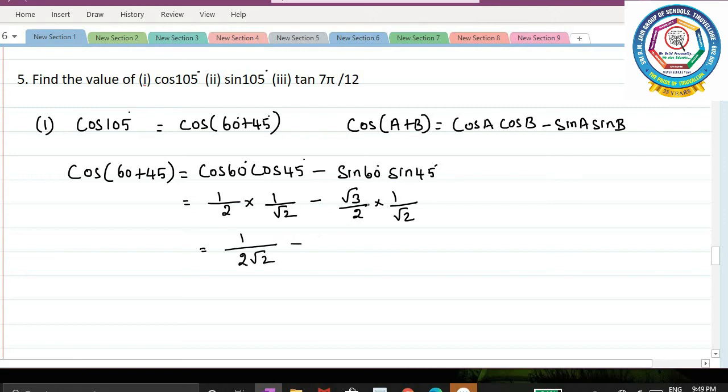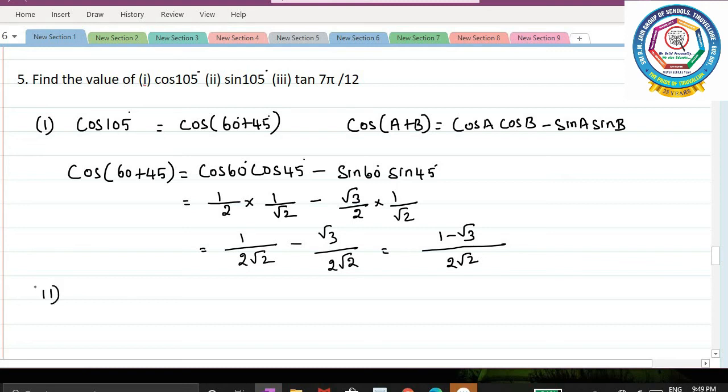Here minus root 3 into 1, root 3; 2 into root 2, 2 root 2. Now you check both denominators are equal, so you can subtract directly the numerator. So 2 root 2 equal to 1 minus root 3. So cos 105, that is equal to 1 minus root 3 by 2 root 2.